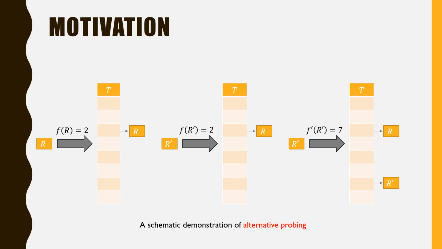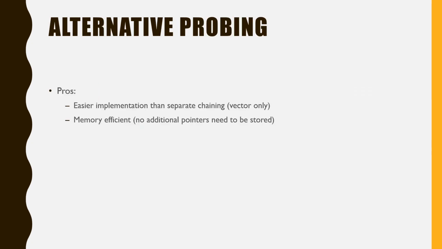The new hash function f' changes the resulting hash value from 2 to 7, and we shall store R' in T7. It is easy to see that with alternative probing, we can get rid of the linked list and the hash table becomes a vector. It also means that the data structure will be more memory efficient as we get rid of the pointers for the linked list.